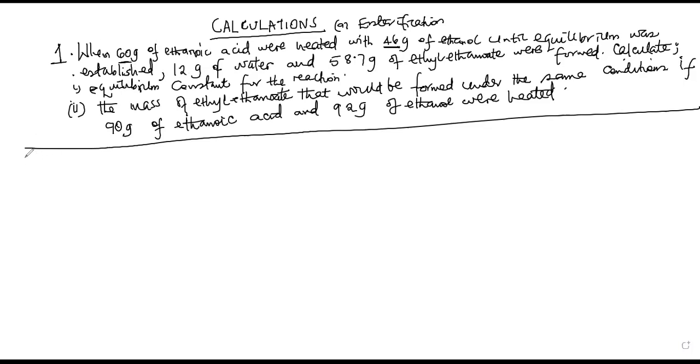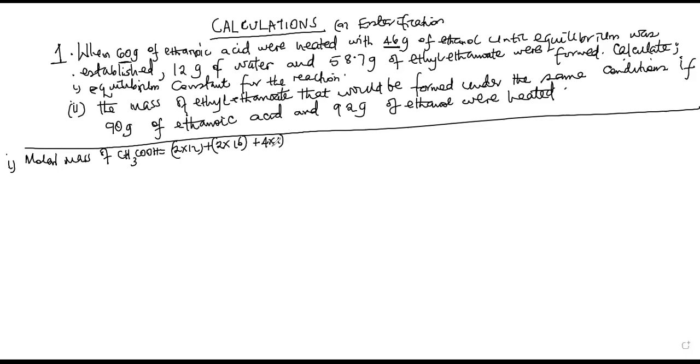So we need to first get moles. So I will say part 1, molar mass of ethanoic acid. This is carbons there 2 times 12 plus oxygens there 2 times 16, hydrogens there 4 times 1.